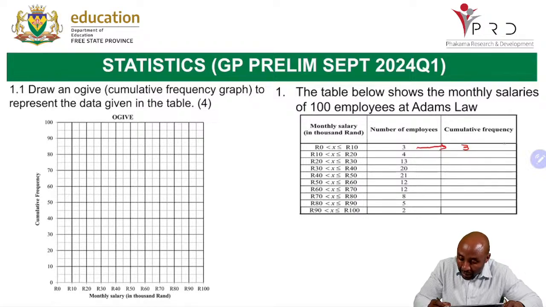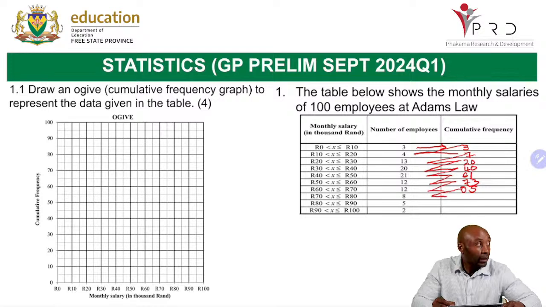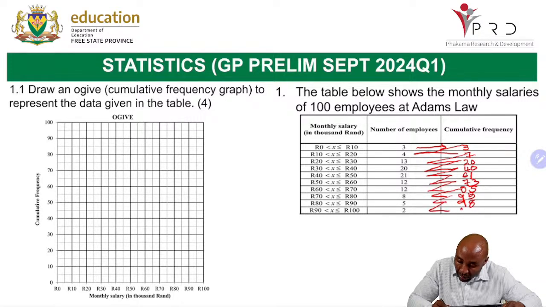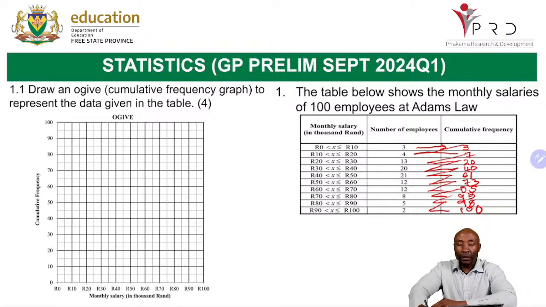To get the cumulative frequency in the next row, we'll go 3 plus 4, and that will give us 7, plus 13, it will give us 20, plus 20, this will give us 40, plus 21, this will give us 61, plus 12, that will give us 73, plus 12, this will give us 85, plus 8, this will give us 93, plus 5, it will give us 98, plus 2, that will give us 100. That's how we complete our cumulative frequency.